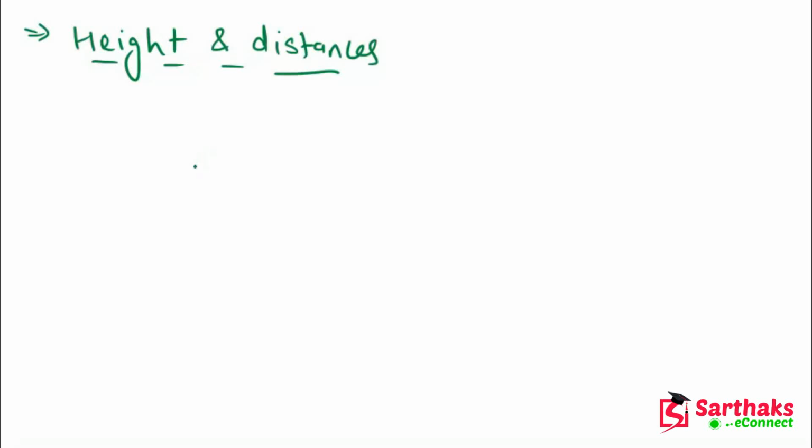Okay, let's suppose we have a building like this. This is a building, not Burj Khalifa. This is a simple building. This is the ground, this is the base. The building is standing straight, which means this is at a right angle.